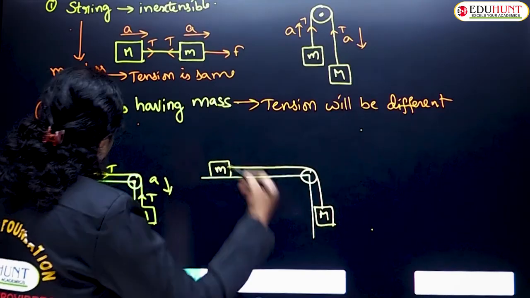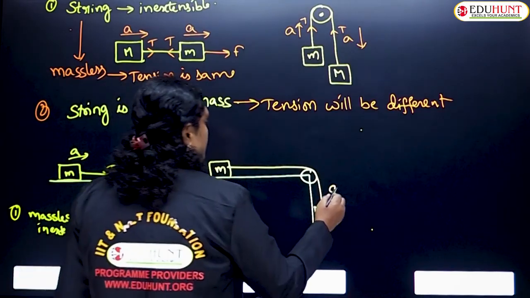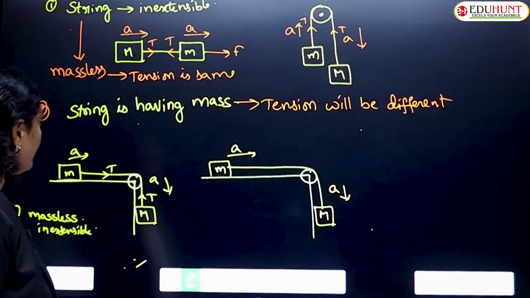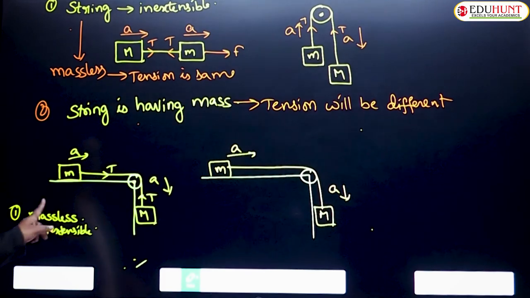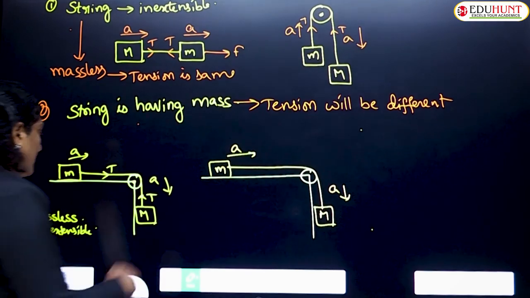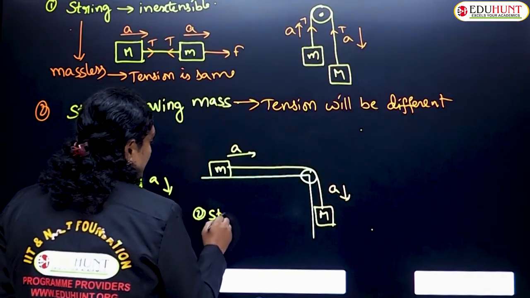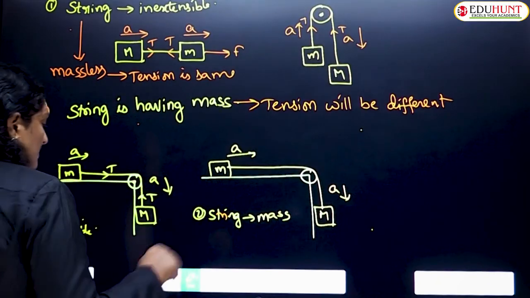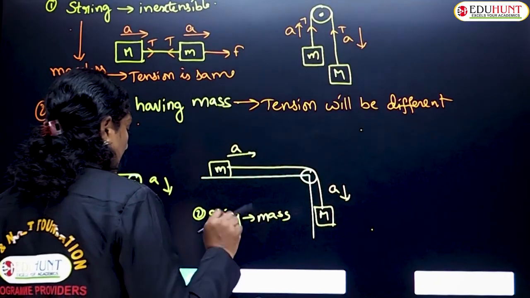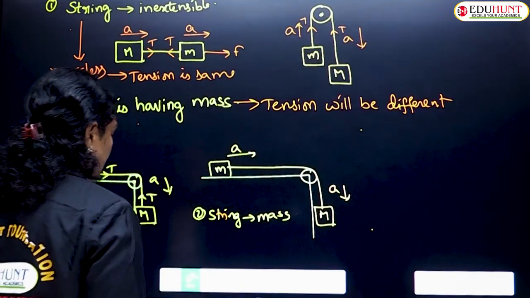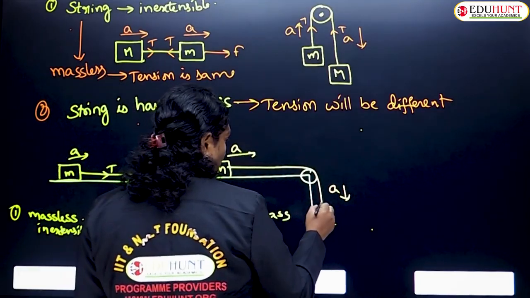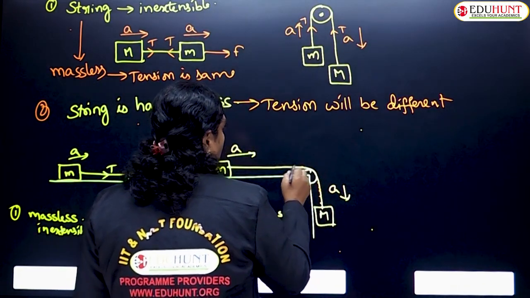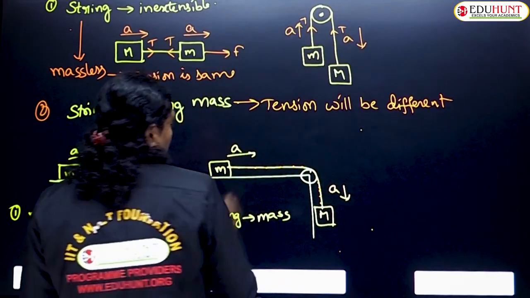Let us suppose that all the strings are inextensible, then the acceleration in the complete system will be the same. In the first example I considered the string as massless, and now for the second example, the string is having some mass, then the tension in the string must be different. So the tension at each and every point in the string, here, here, here, here, will be different.